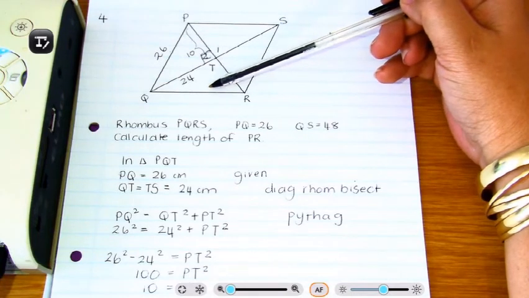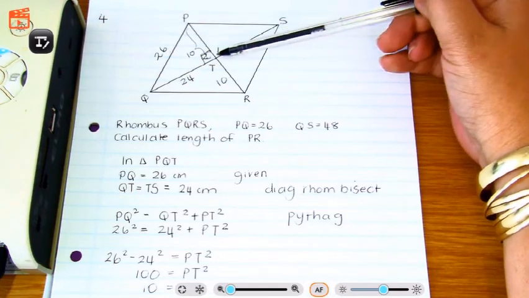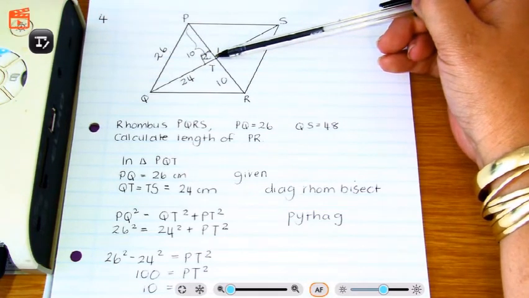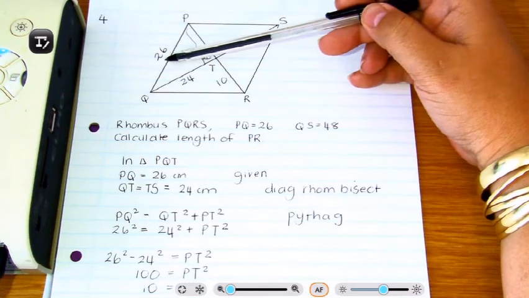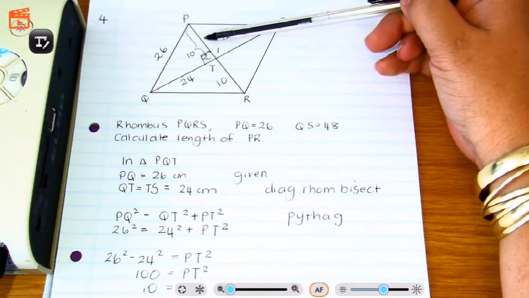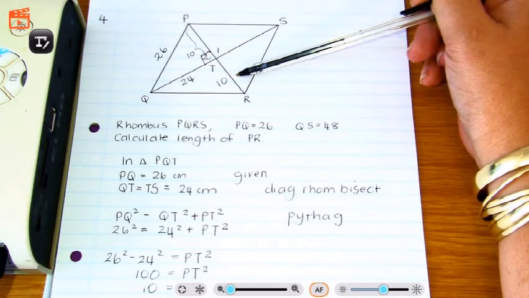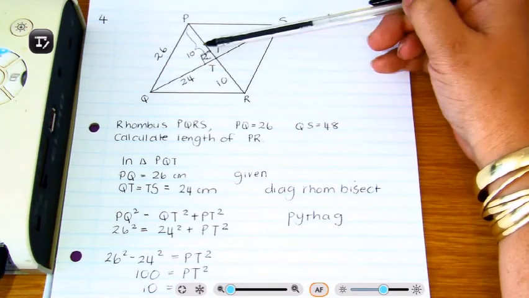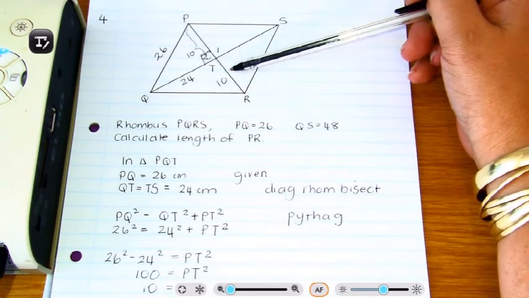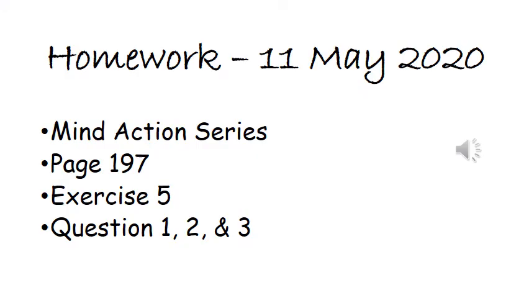We also saw that this is a right-angled triangle, so to work out the side of the unknown we would use Pythagoras, and we would then say 26 squared minus 24 squared gives us PT squared. We worked out that PT is 10, PT is equal to TR because the diagonals bisect each other, which means that they are both equal to 10 centimeters, so therefore PR is equal to 20.